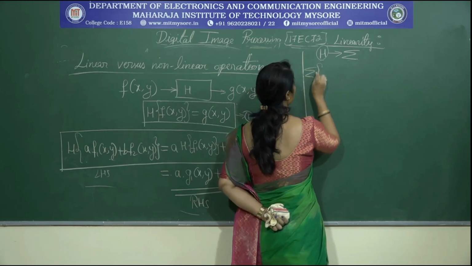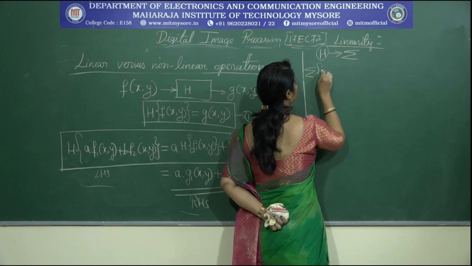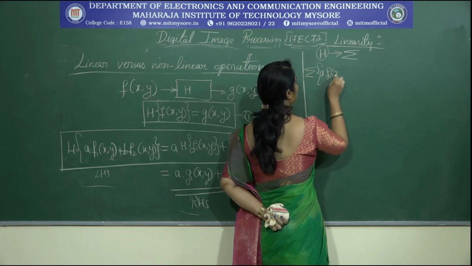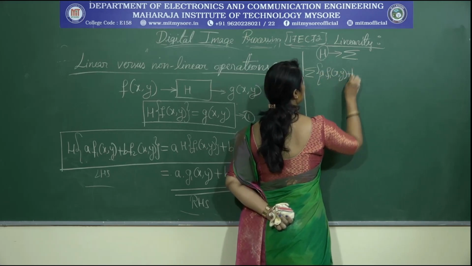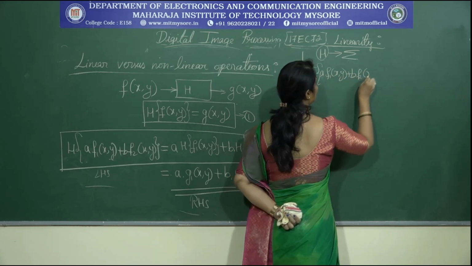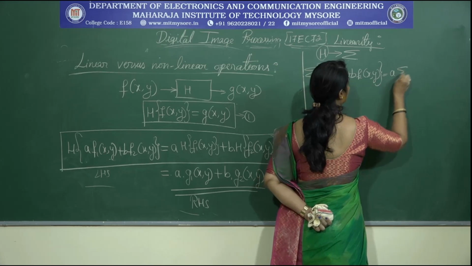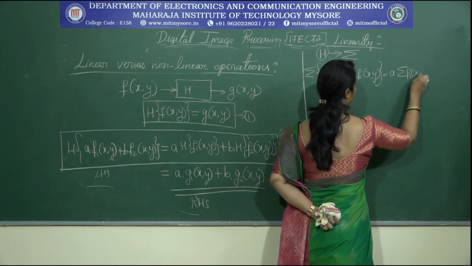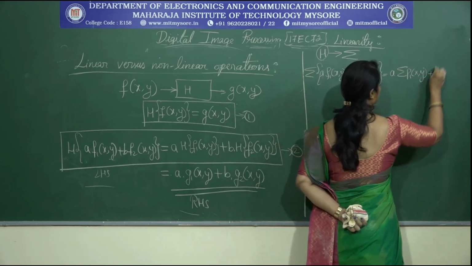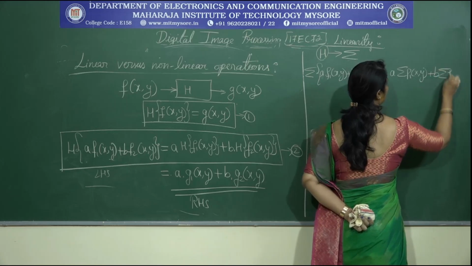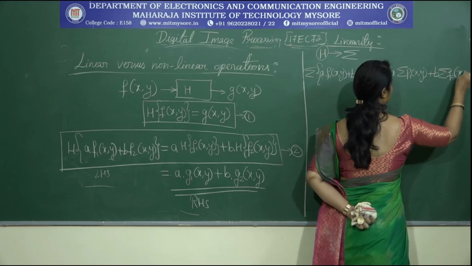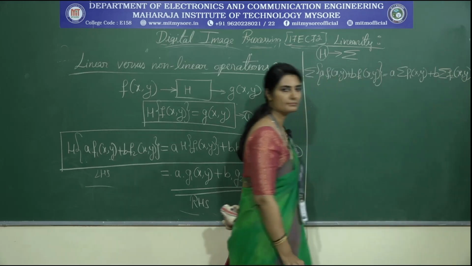Therefore, summation of a into f1 of x comma y plus b into f2 of x comma y is equal to a into summation f1 of x comma y plus b into summation f2 of x comma y.